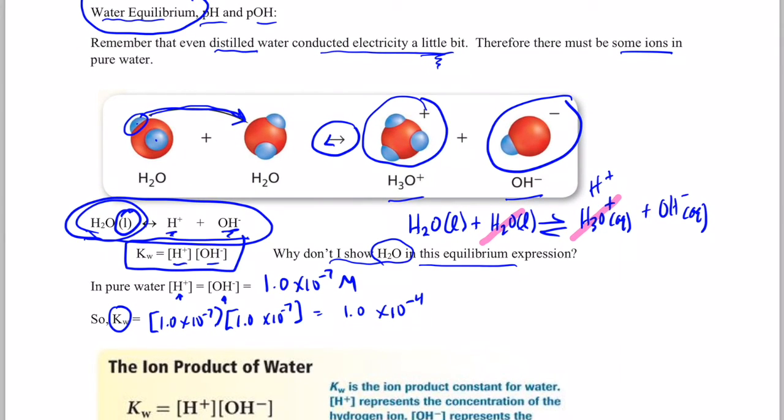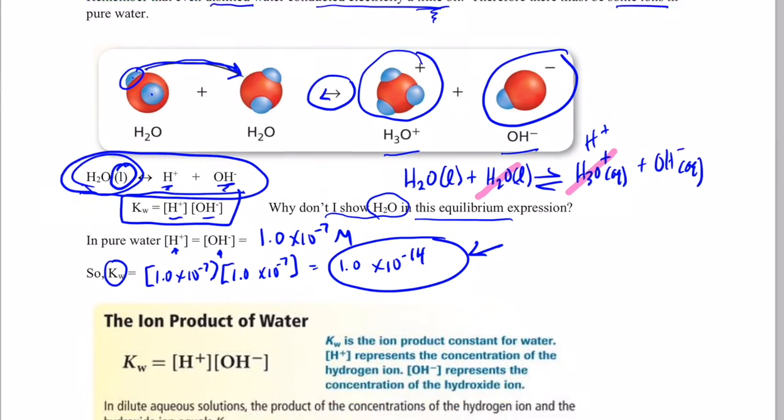Nope, that should say to the negative 14th. And that is the equilibrium constant for any water solution. This number here won't change. That's why we call it, after all, a constant.